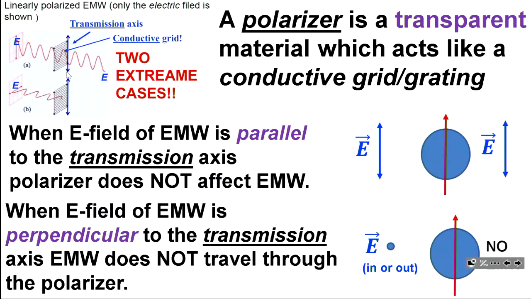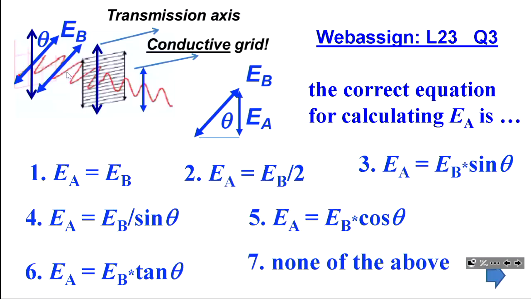But if the electric field in the electromagnetic wave is perpendicular to the transmission axis, there is no transmission, light cannot pass through. So please tell me what's going to happen if light travels at a certain angle. So here I have a simple model.